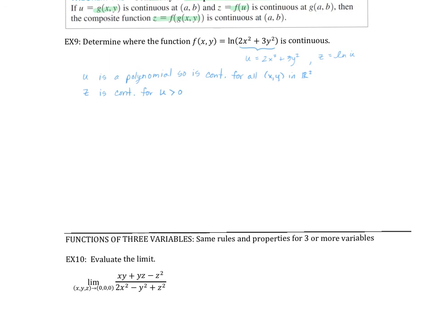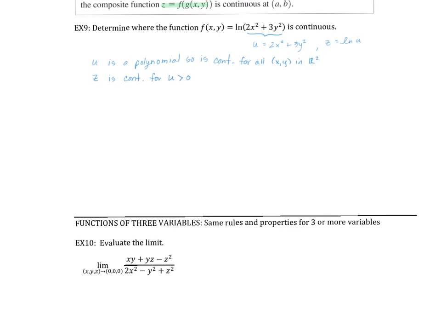So what that tells me by this theorem is that my function is going to be continuous where the argument 2x squared plus 3y squared is strictly greater than 0.